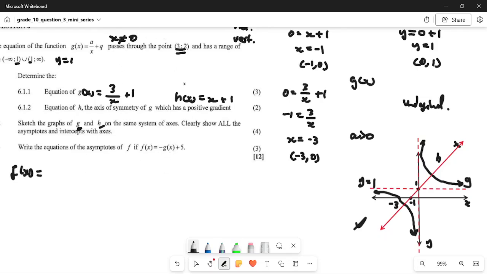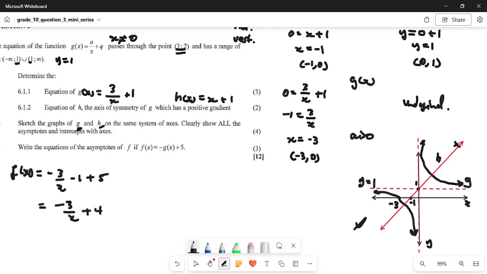So I'll multiply g by -1. I will have -3 divided by x. Then I add 5, plus 5. And then f of x is defined by -3 divided by x plus 4.